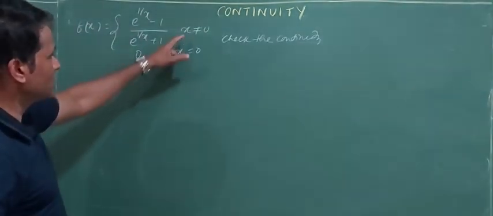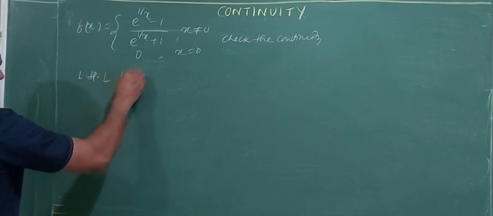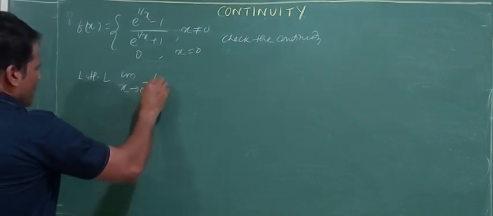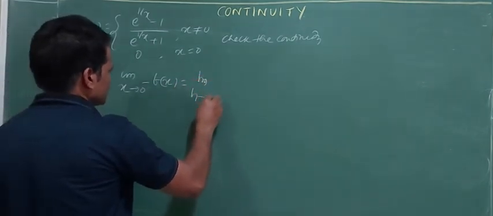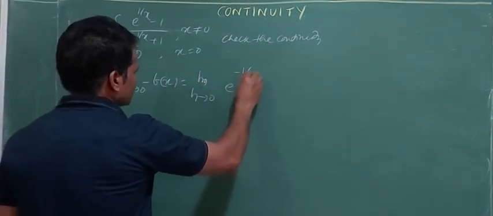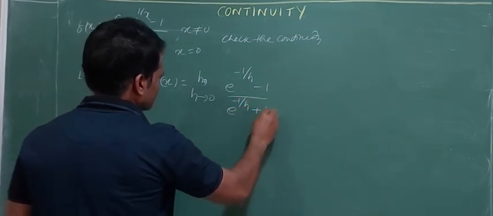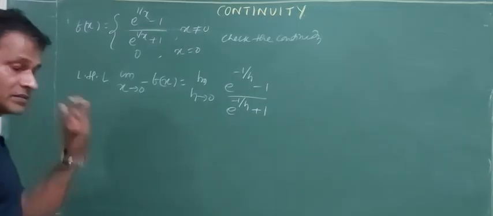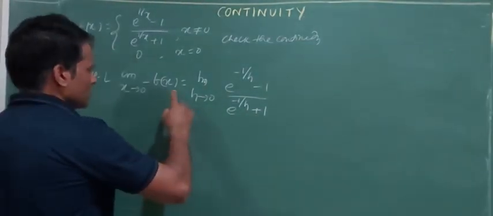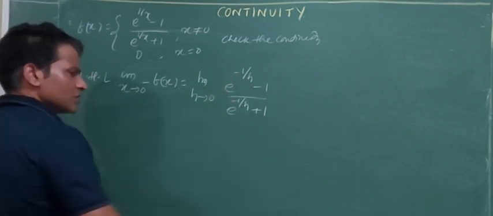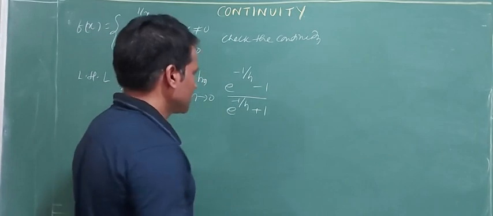Not equal to 0, LHL, let's go first. Now, if I replace h tends to 0 here, it is e to the power minus infinity, so bring it to the denominator.